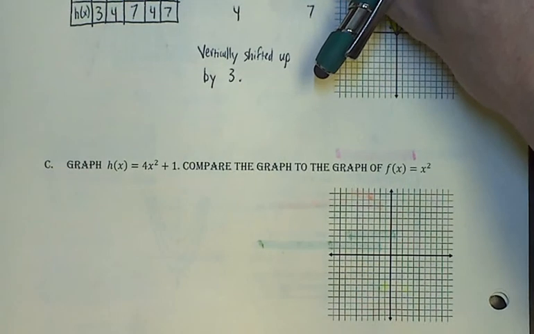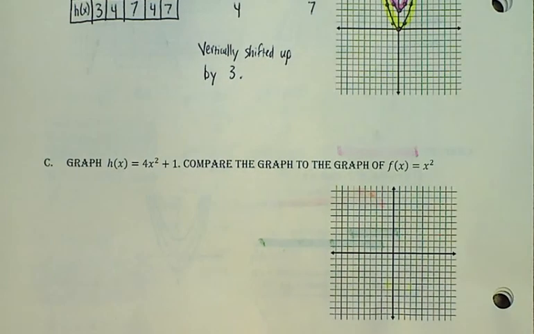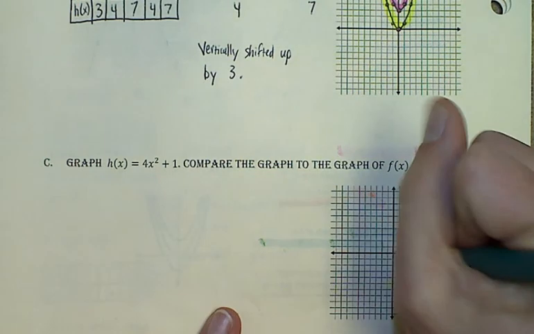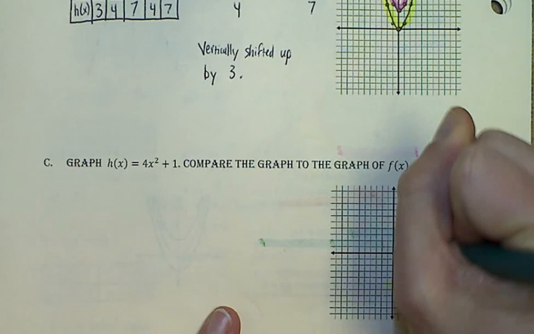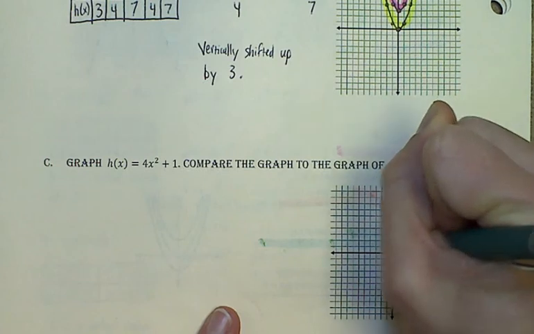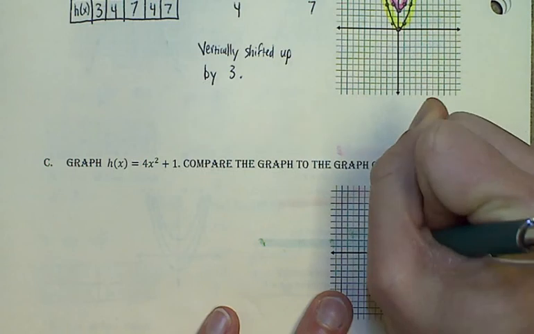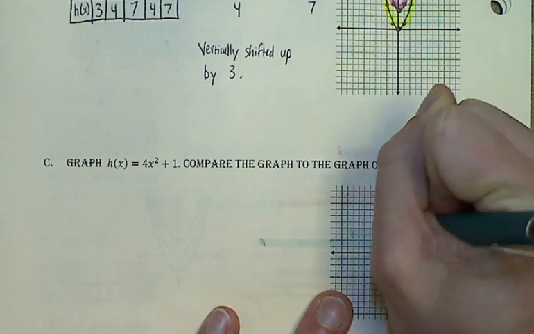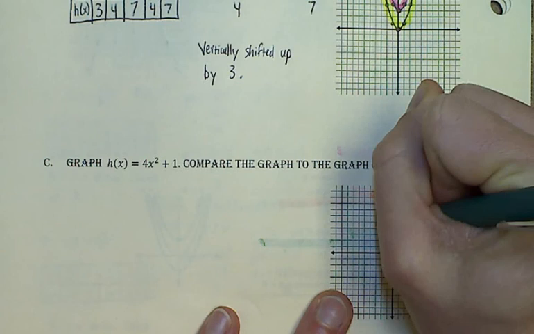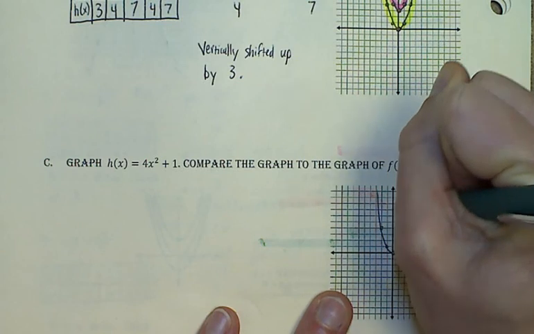So again, starting with the same, I'm going to go ahead and get my f of x equals x squared on my paper. So points were 0, 0, 1, 1, and 2, 4, and then -1, 1, and -2, 4. Draw my parabola and label it f of x.